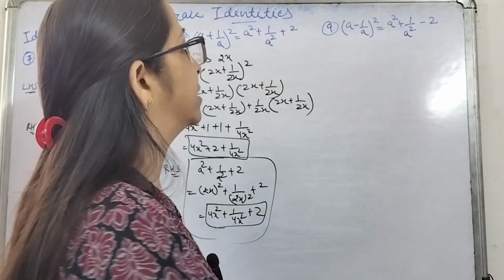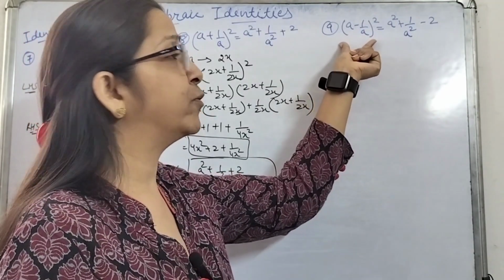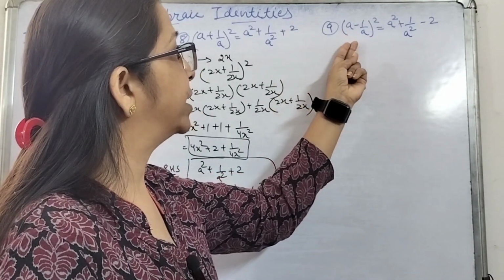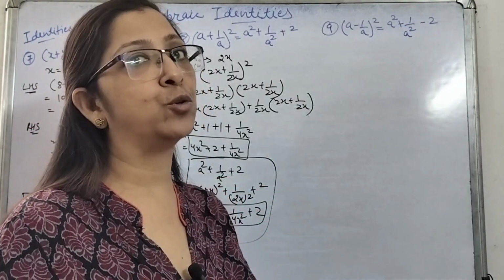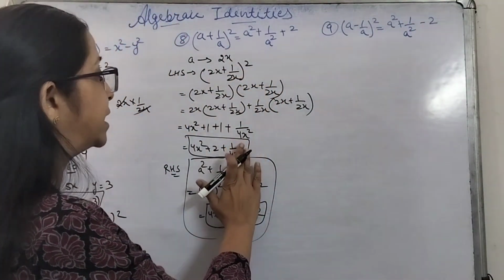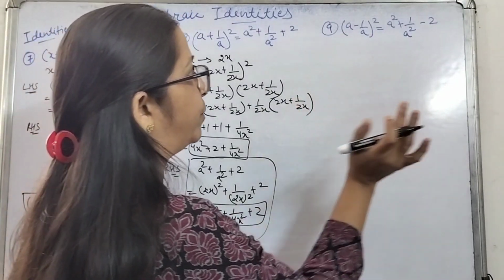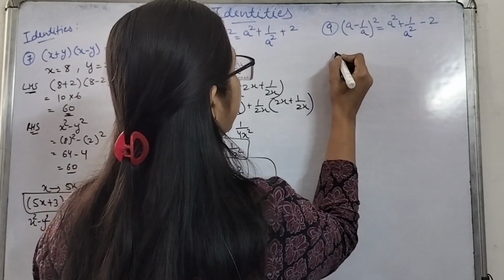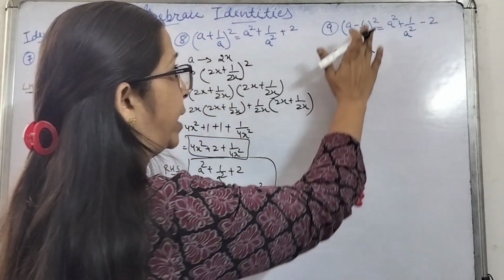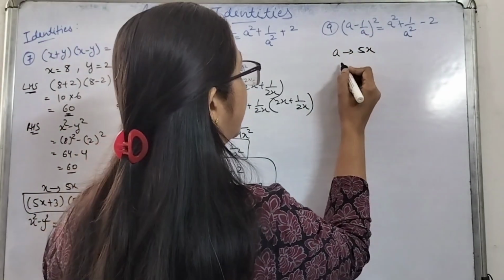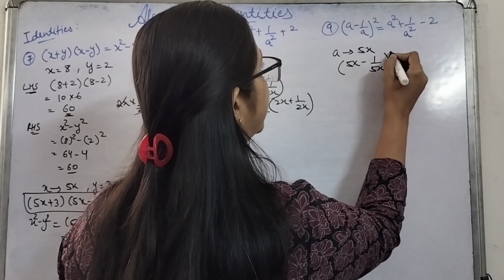Now let's see another, that is a minus 1 upon a whole square. If this type of expression is there, directly we can say that the product will be a square plus 1 upon a square minus 2. Here we won't multiply it, we will directly use the RHS part of the identity. Suppose a is replaced by 5x. Then the question will be 5x minus 1 upon 5x whole square.